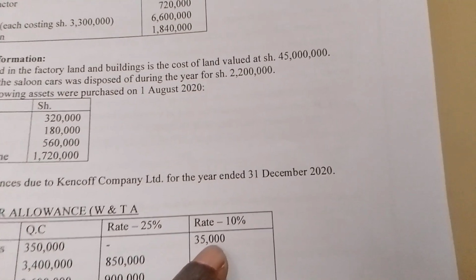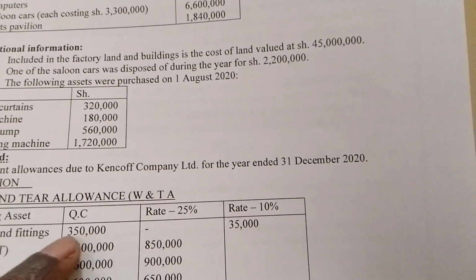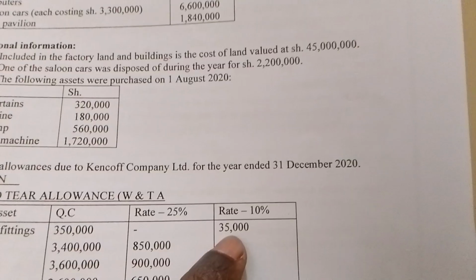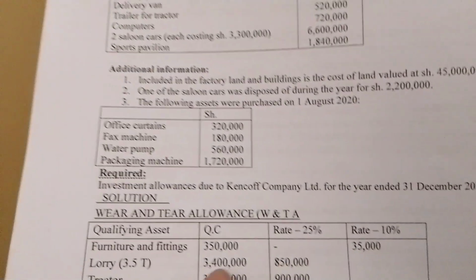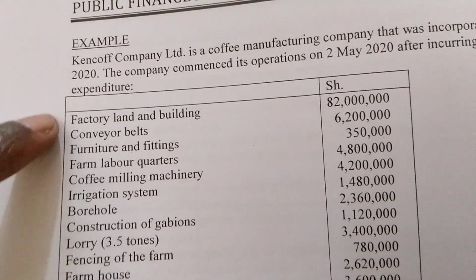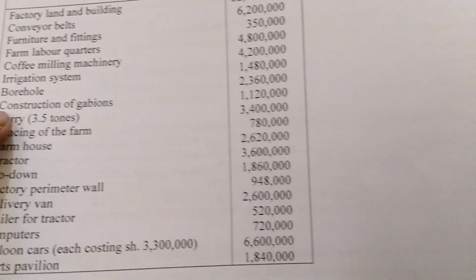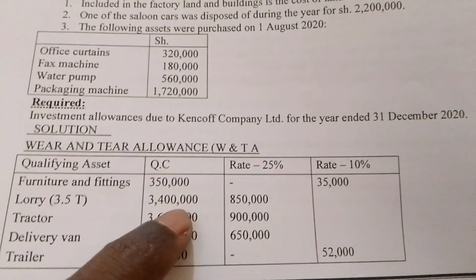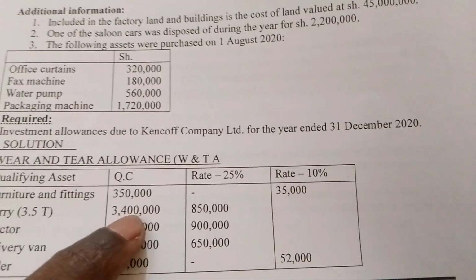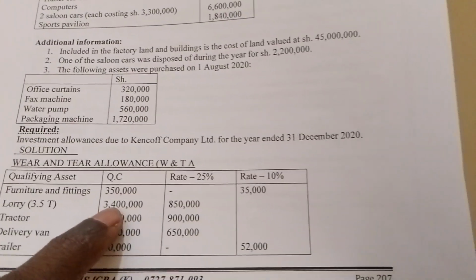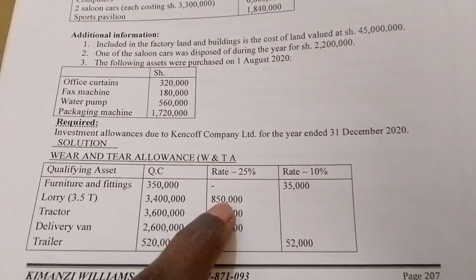It goes to 10%. 350,000 times 10%, the capital allowance will be 35,000. The other item which qualifies for wear and tear is the lorry. The qualifying cost was 3.4 million. Lorries go for 25%. 25% of 3.4 million, you get 850,000.